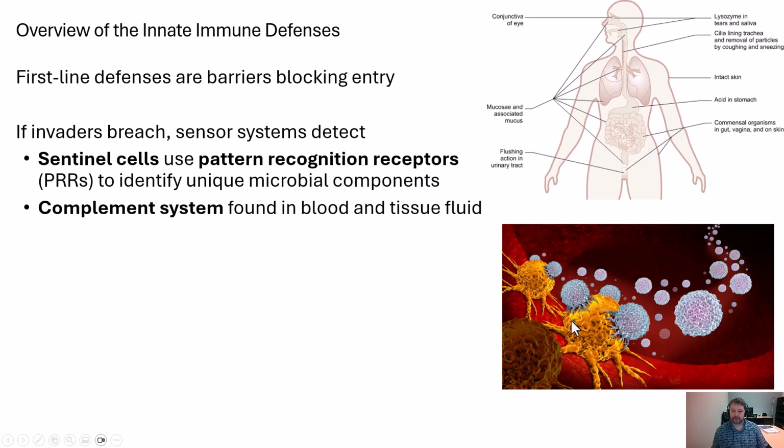We'll come back to this, but these systems are flowing through your blood. You have white blood cells flowing through your veins and capillaries, in your blood, but also in your tissue fluid, and associated with tissues and organs in general.